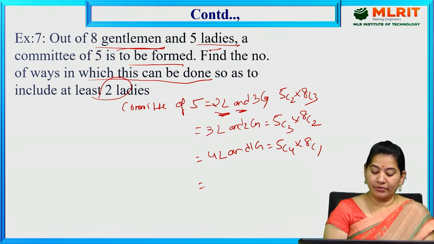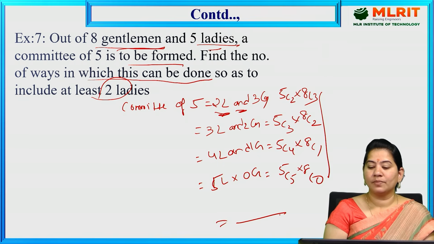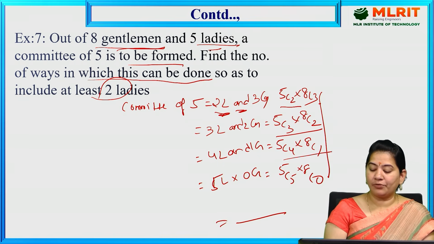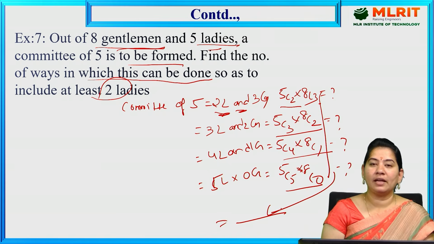And even 5 ladies and 0 gents, which is 5C5 into 8C0. If you add all of these, 5C2 into 8C3, 5C3 into 8C2, 5C4 into 8C1, 5C5 into 8C0, then you will get the final answer.